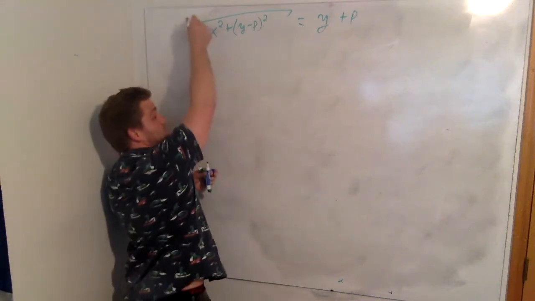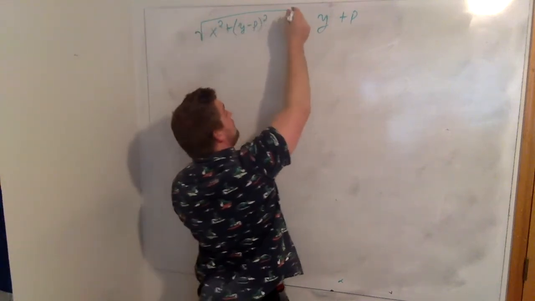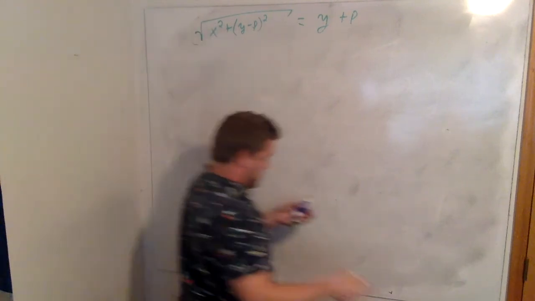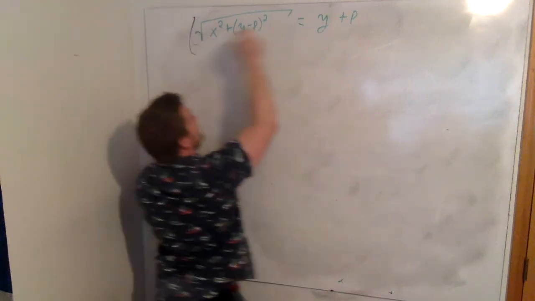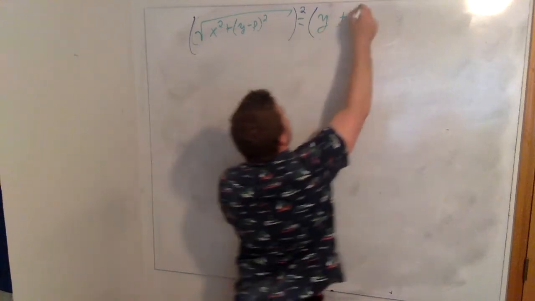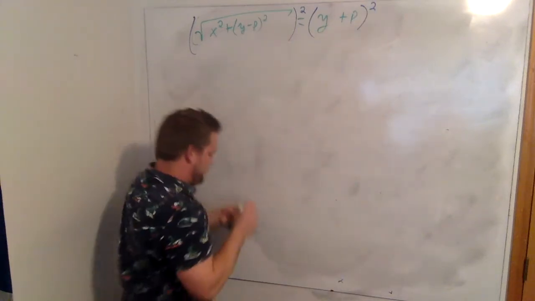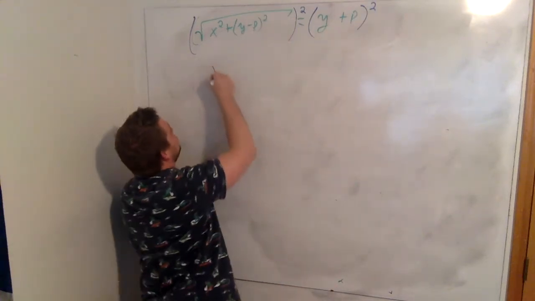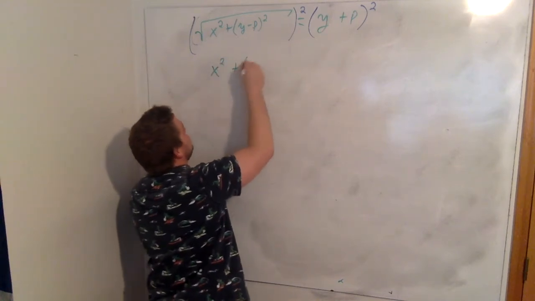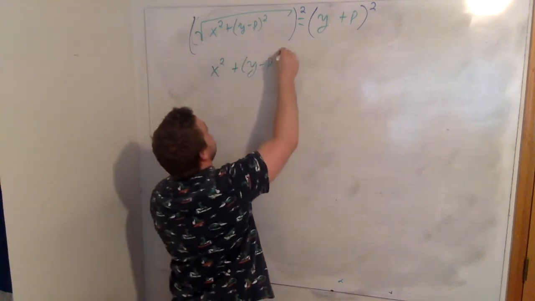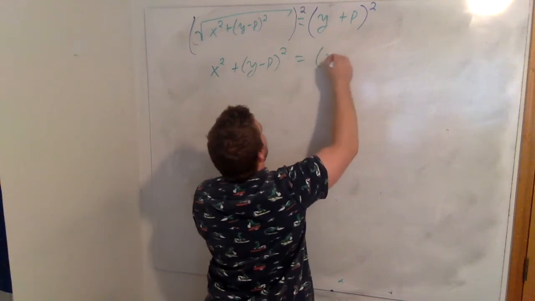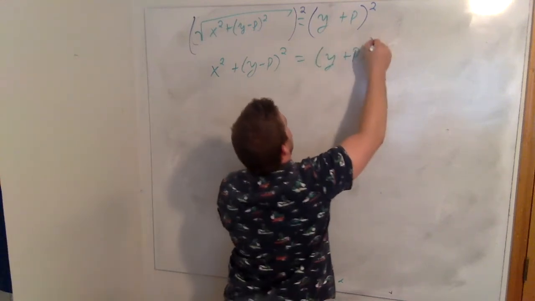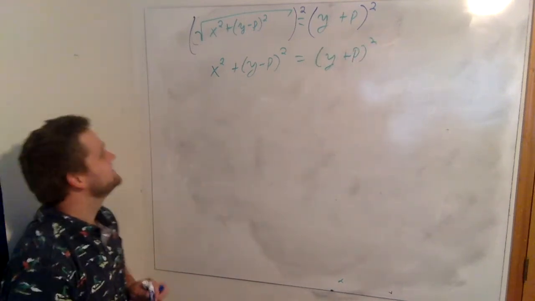Get rid of it. Just square it, with a blue marker. We'll square both sides and get rid of that eyesore. X squared plus y minus p squared will be equal to y plus p quantity squared. Okay, my eyes are a little bit at ease.